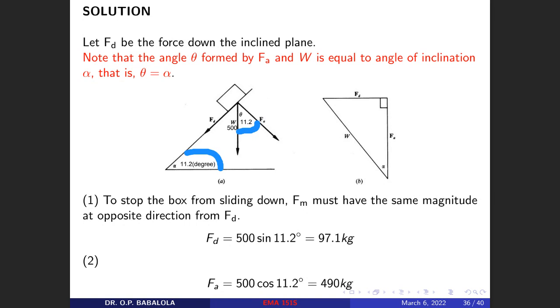By the time we draw out the triangle completely, that's what I've drawn out as figure B. You would see the picture very well here. Look at FD. If I represent it as a vector, this is FD, this is FA, and this is the weight of the box.